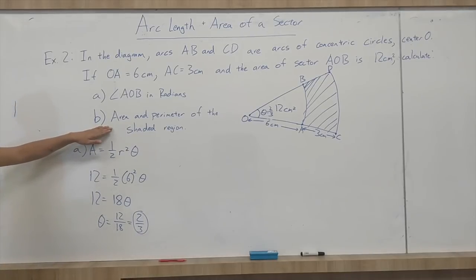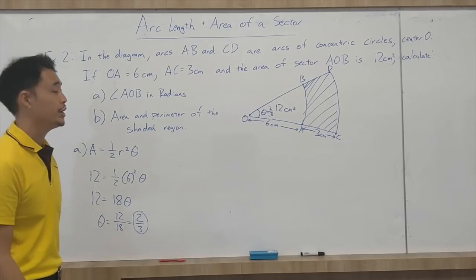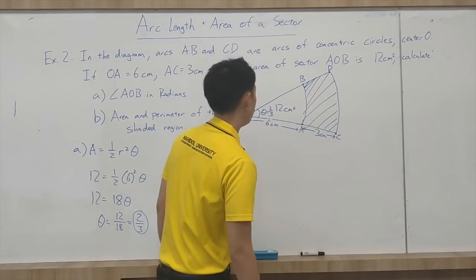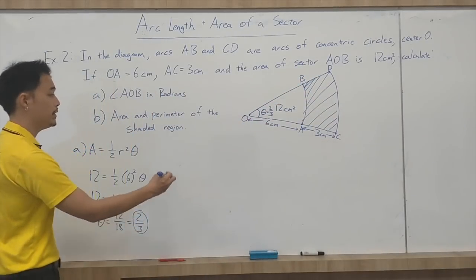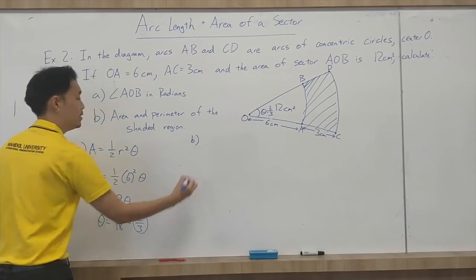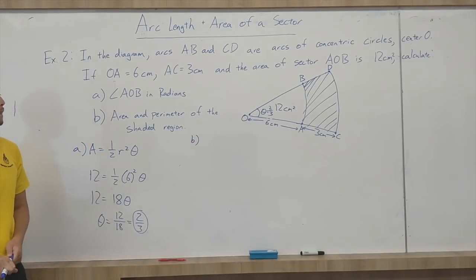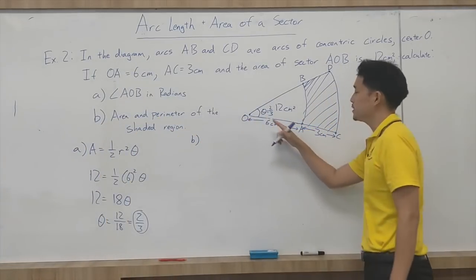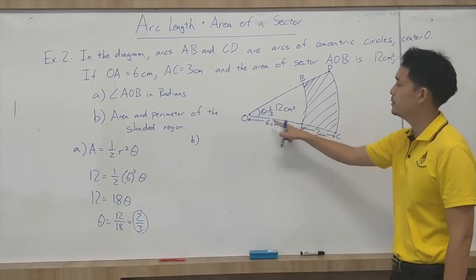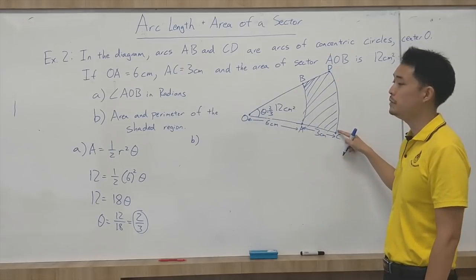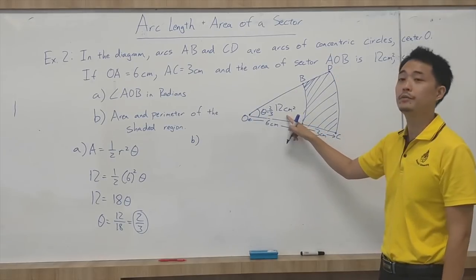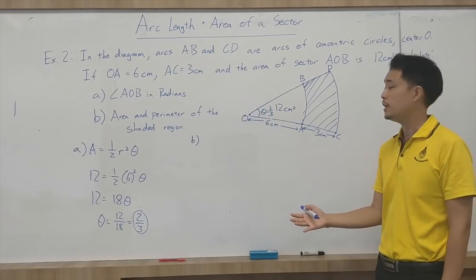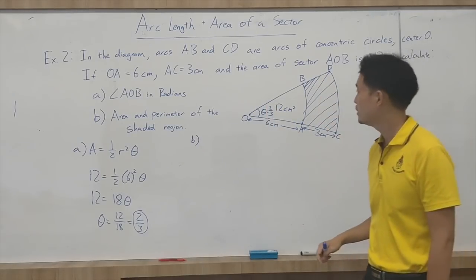Second part, we've got to find the area and the perimeter of the shaded region. So that's this part right here, right? BDCA. And let's start by finding the area, okay? Now to find the area, I think it's not that difficult, because if we find the area of this whole sector, ODC, and subtract out the area of the white sector, the 12 centimeters, then we can find the area of just the shaded region.